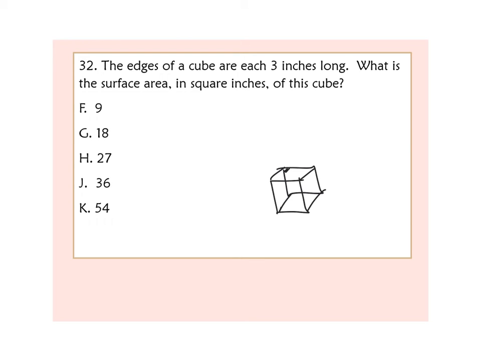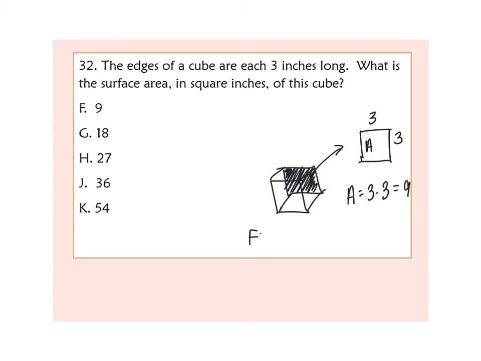So think about it. I have this front face here. So this is just a square. This square is 3 by 3. If I want to find this area only, I'm going to do base times height, which is 9. How many of those squares are on a cube? So think about it.